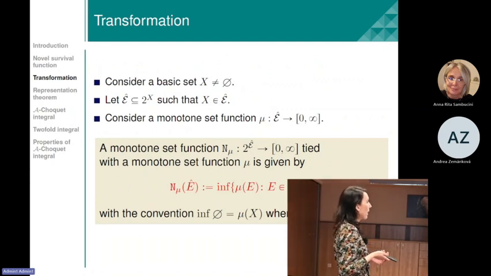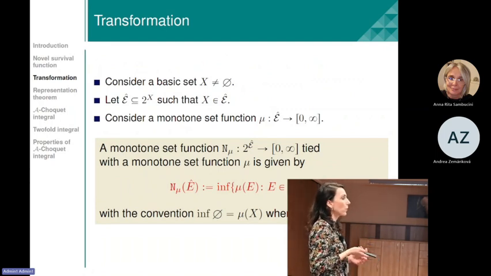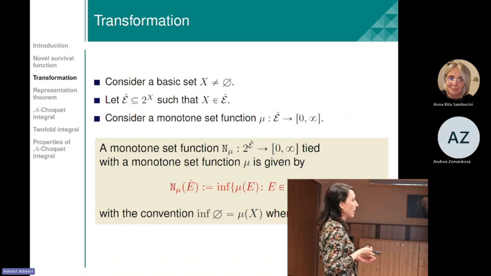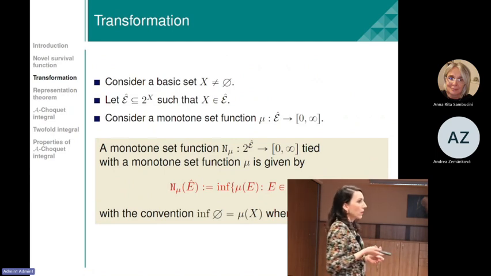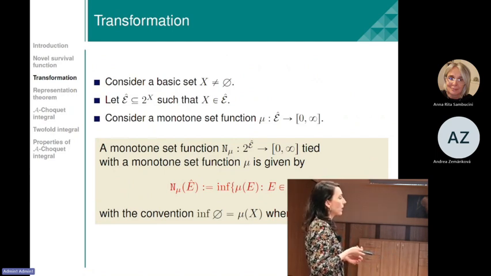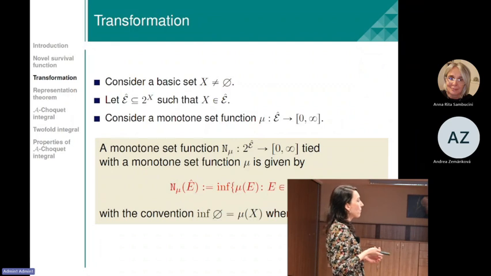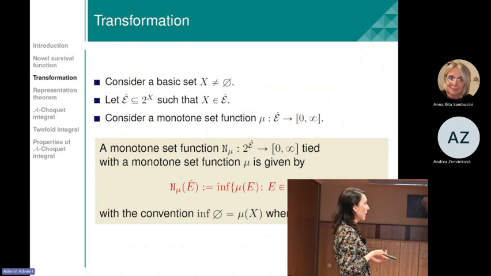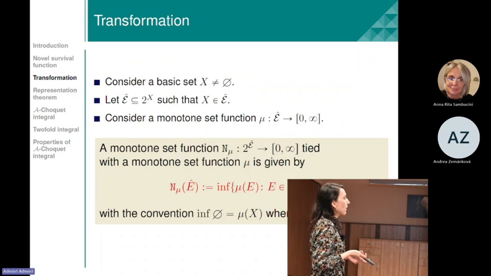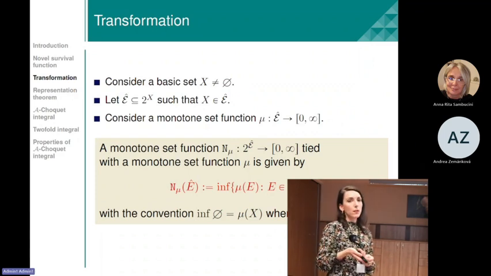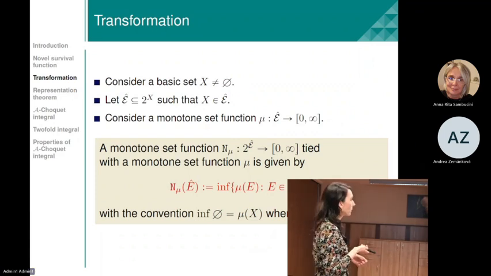Therefore, we defined a transformed monotone set function μ with hat, as we can see. It is tied with the monotone set function μ and is defined on the power set of the collection of subsets of the basic set X, not only on a subset of the power set of the basic set X. Therefore, it measures families of sets.